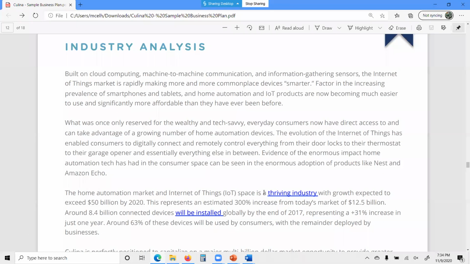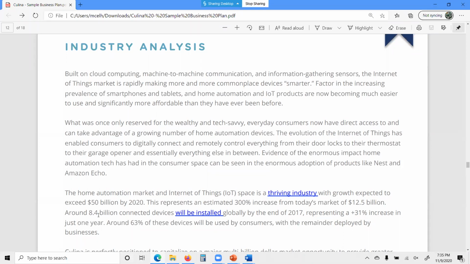So I talked a little bit about industry analysis and the IoT, the Internet of Things market, and where it was heading. Thriving industry, looking to have quite a bit of growth by 2020. It looked to be about a 300% increase from where everything was in 2017. A pretty healthy increase in 3 years.